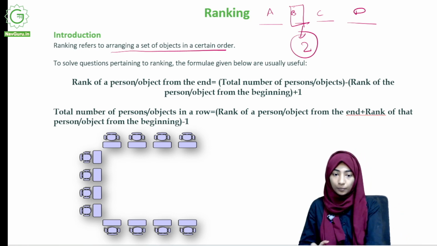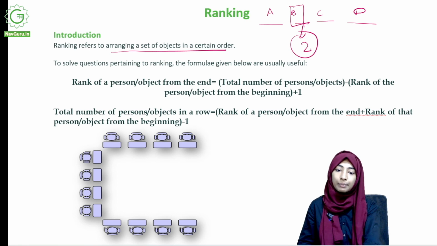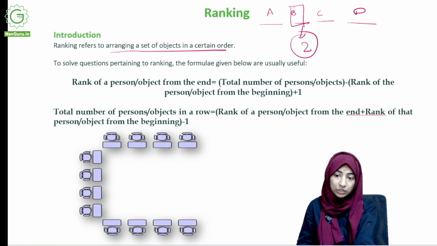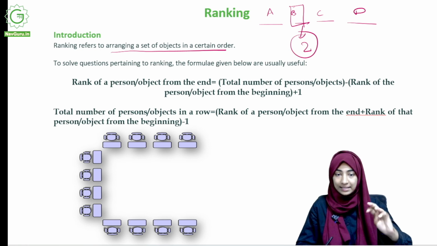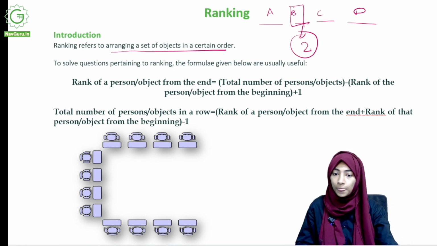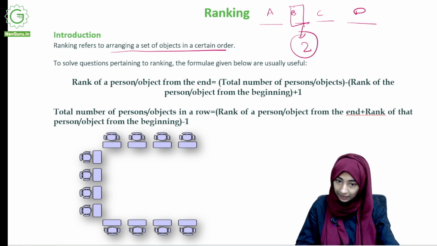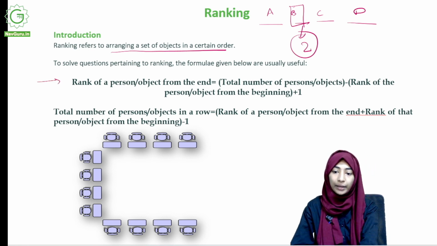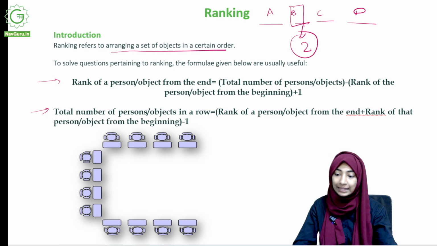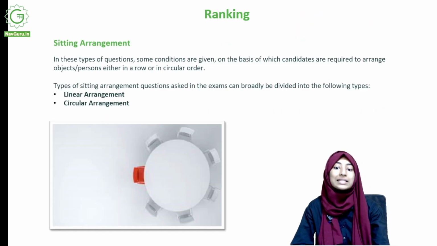When you solve questions pertaining to ranking, there are 2 formulas. I'll take you through the subtopics now itself, so it becomes clear. There is just normal ranking, where there are mainly 2 formulae which are usually important, and then we have something called sitting arrangement.